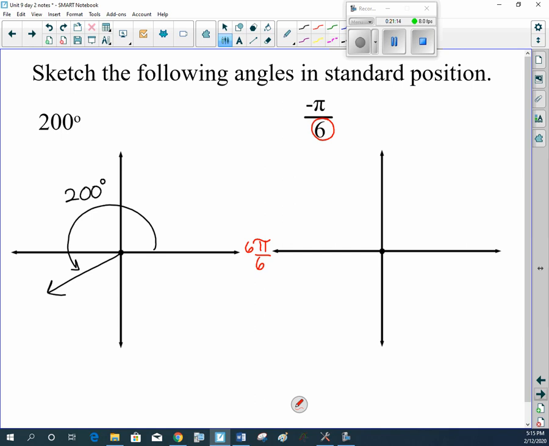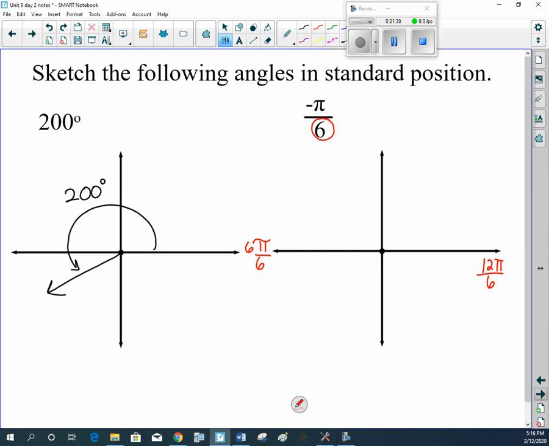And then over here, 360 degrees is the same thing as 2 pi. Well, I want it in fractional parts of 6, so 2 pi is the same thing as 12 pi over 6. Okay, then I would cut these in half.